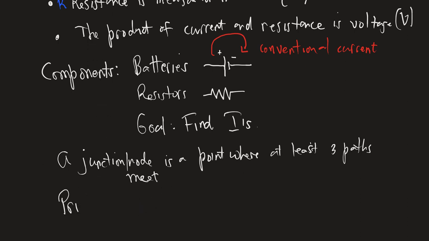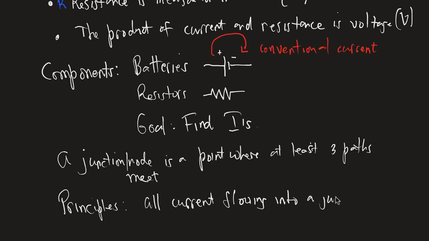So here are the principles that are going to allow us to take all this information and put it into equations, right? So the first one is basically saying that all current flowing into a junction must flow out, right?